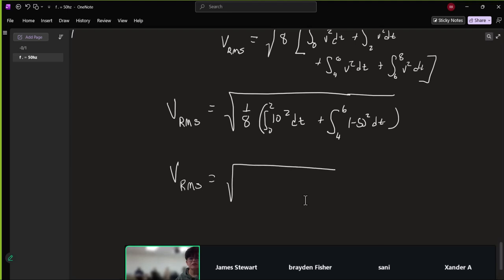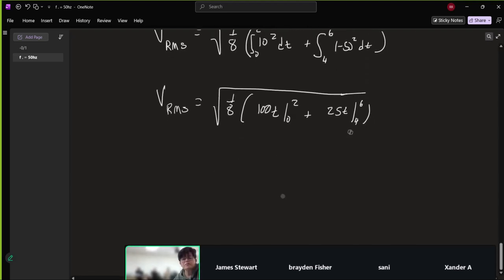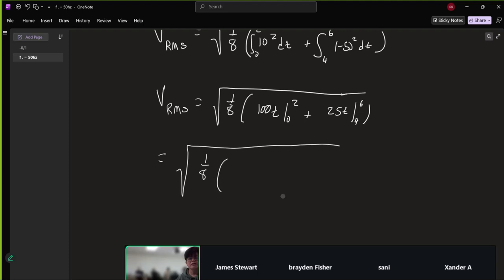VRMS equals the square root of 1/8 times 100t from 0 to 2 plus 25t from 4 to 6, or the square root of 1/8 times 200 plus 150 minus 100.